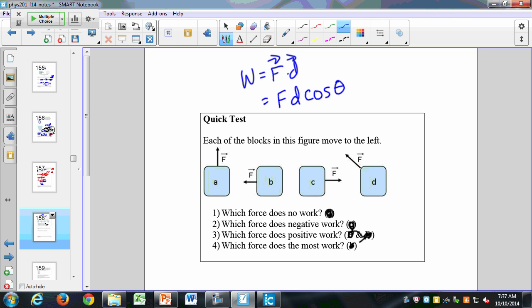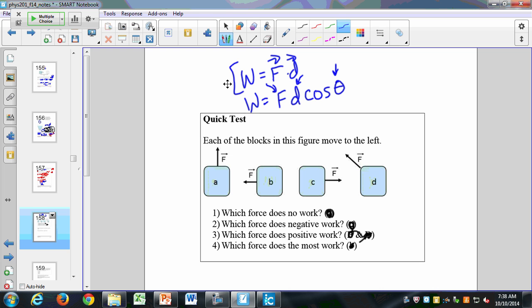Now, on Wednesday when we did that quick test, we actually did the dot product. So we had our vectors in vector notation, in I, J, and K notation, and we did the dot product between those two vectors. But if you just have the magnitudes of the vectors, it's going to be the magnitude of the first times the magnitude of the second times the cosine of the angle between them. All right, so that's a general definition for work, F D cosine theta.